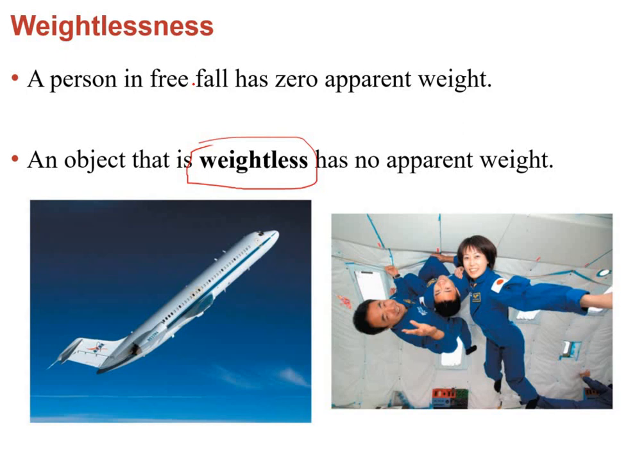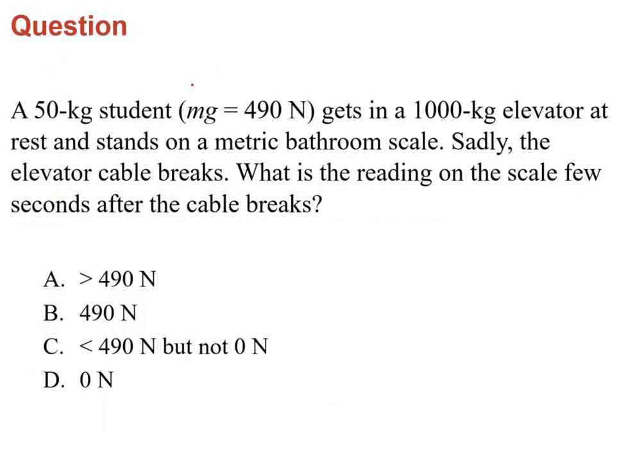So let's look at this question. I already answered it, but let's check if you were listening carefully. We have a 50 kilogram student. The mass of the elevator is 1,000 kilograms, and the student is standing on a weighing scale. The elevator cable breaks, and after a few seconds the elevator starts free falling.